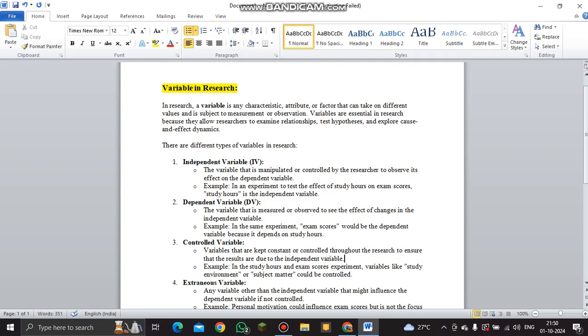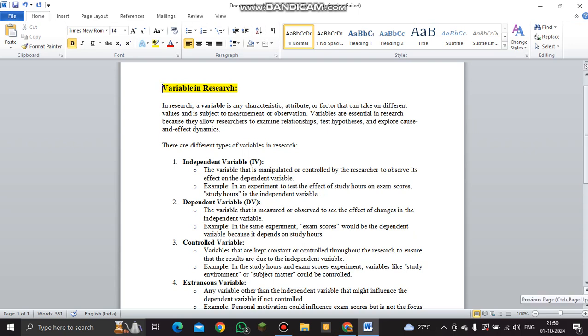For example, in study hours and exam scores, variables like study environment and subject matter could be controlled, right friends? So subject matter and study environment are the controlled variables.